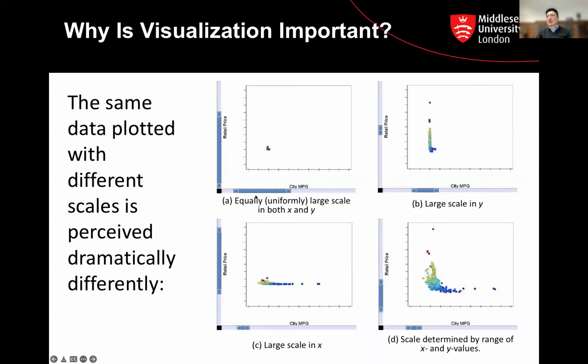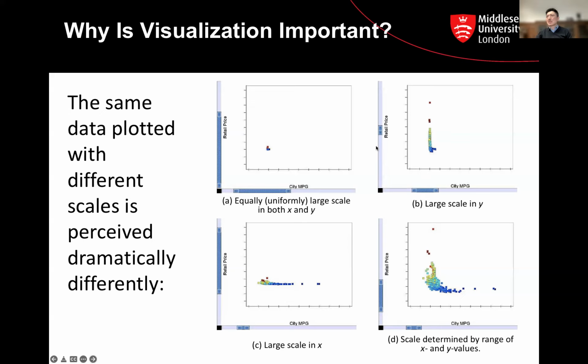And so for example here, you have the large scales in both x and y. So this basically represents a very large range of values, and same for the price. And as a result, all the data seems to be grouped together here. And I think maybe this one is the opposite, this is the large scale in the x-axis.